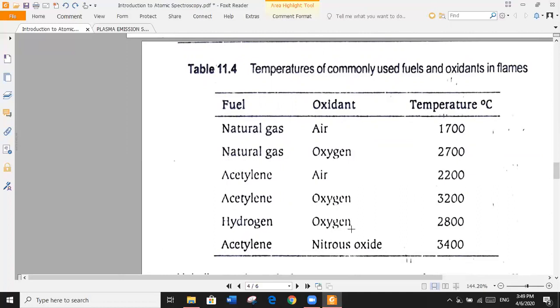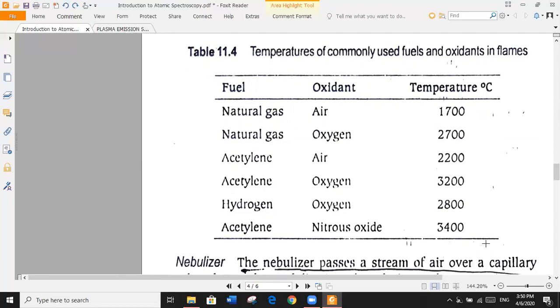For hydrogen and oxygen combustion, we get temperatures of about 2800. And again, if acetylene is used with nitrous oxide, then it will produce 3400 degrees temperature.